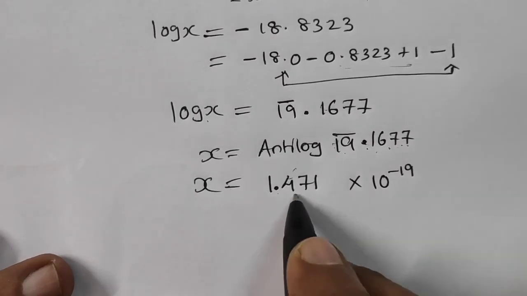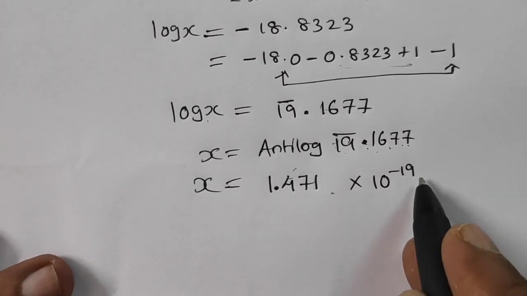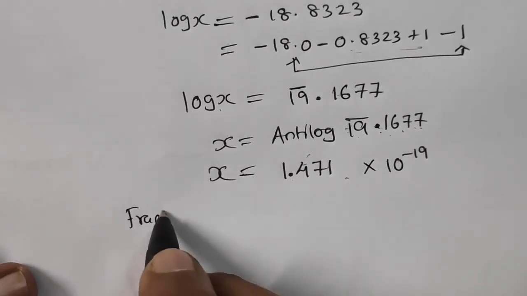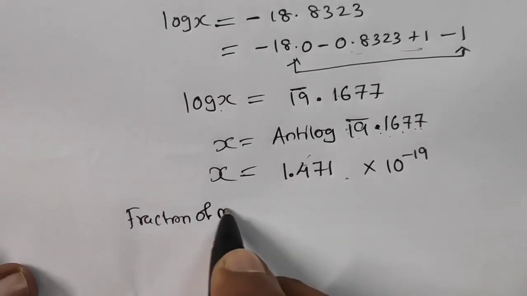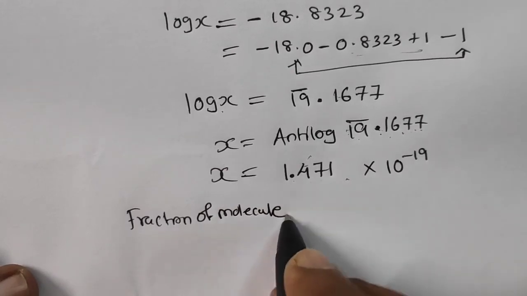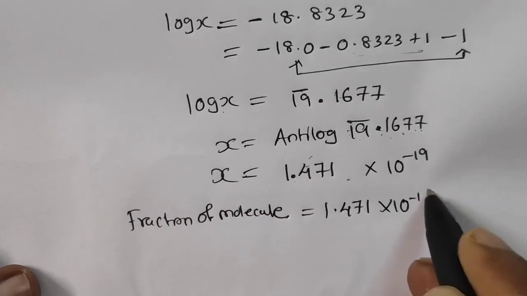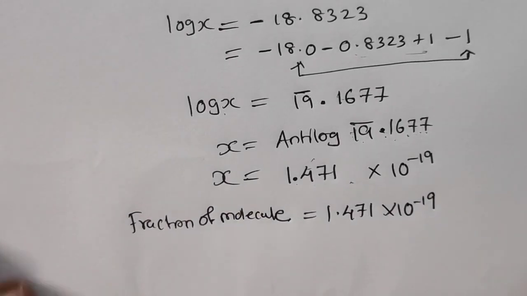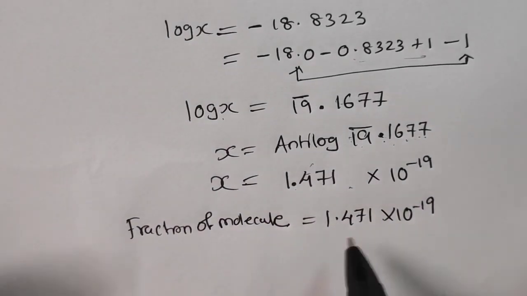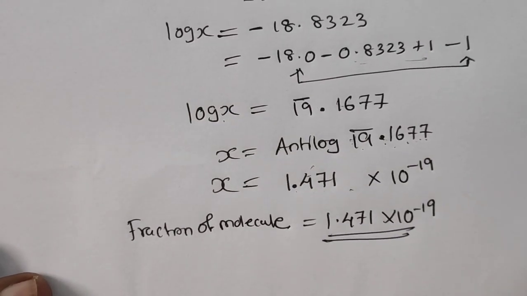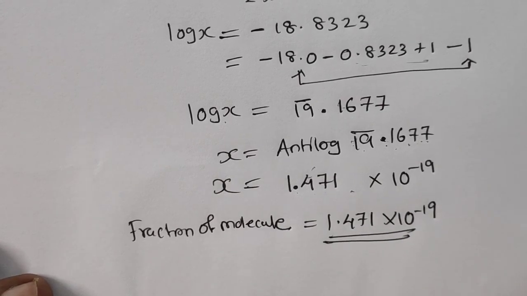So x is your fraction of molecule, which is equal to 1.471 into 10 raised to minus 19. Clear? So this is the answer we require: the fraction of molecules which have energy equal to or greater than activation energy.